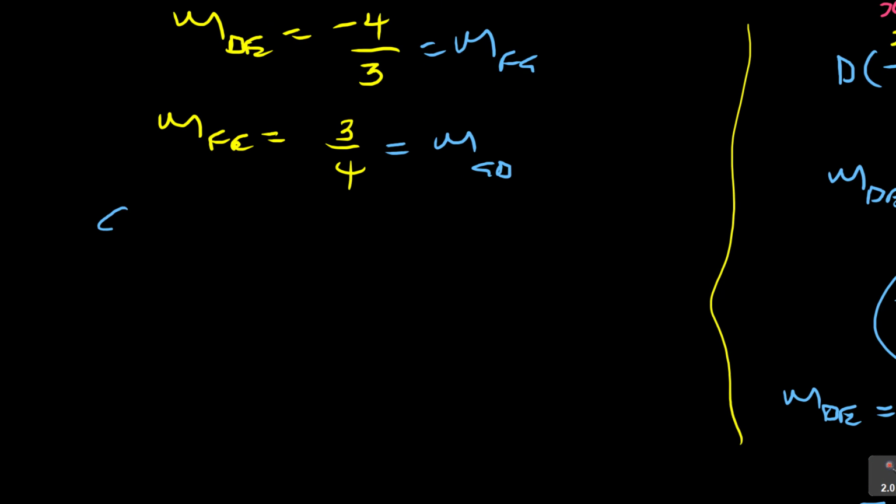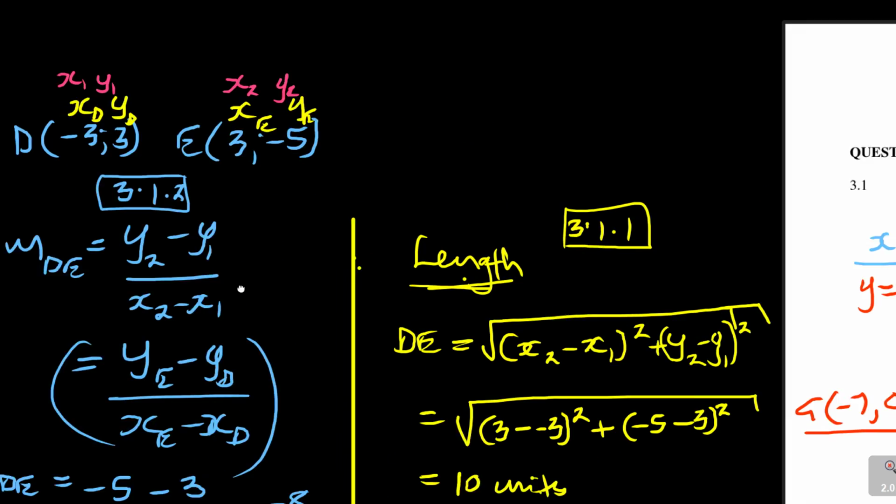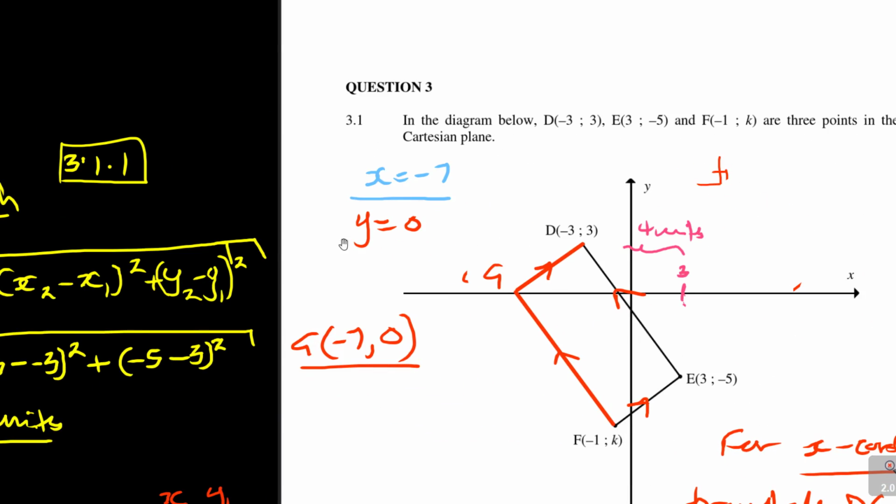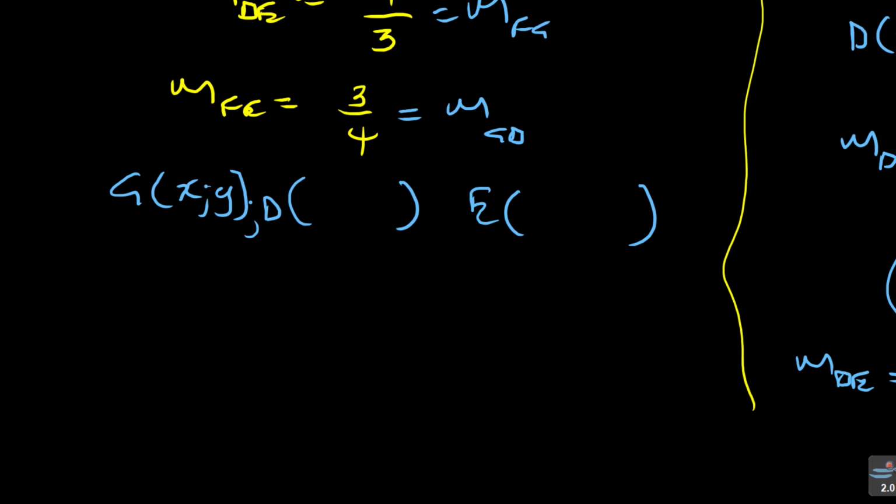So if G is point XY, now what is the gradient of FG? So you come with G, let's find D, and then let's find E. We are given these points. So what is D? D was -3, right? I'm just trying to show you the longer way that you could have done.